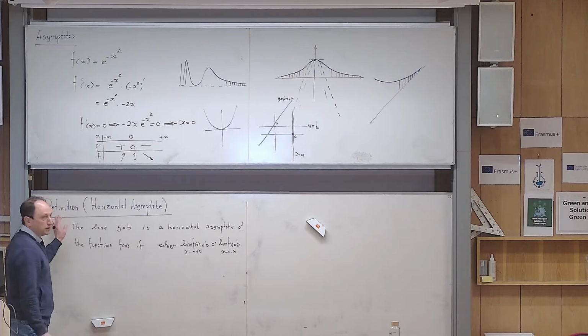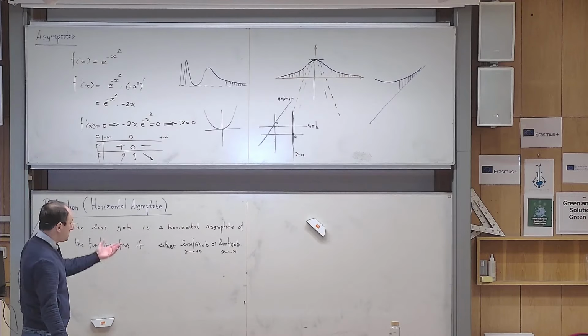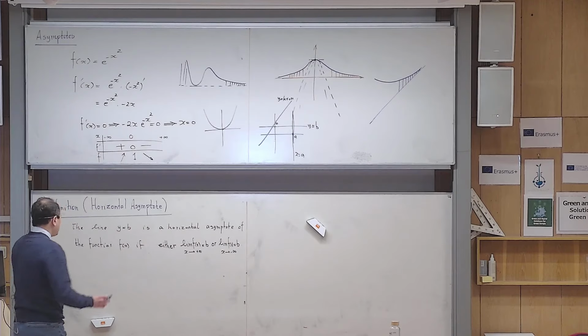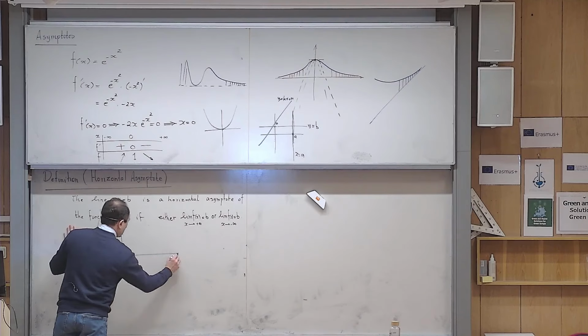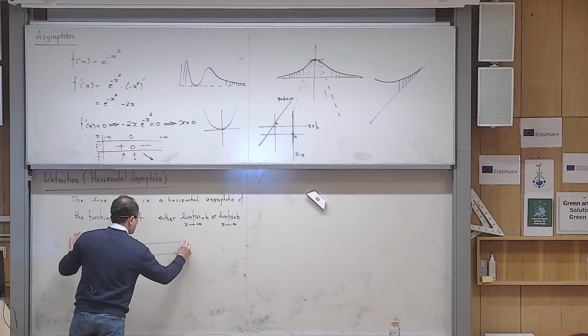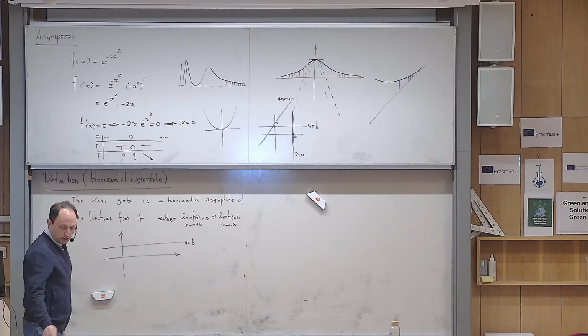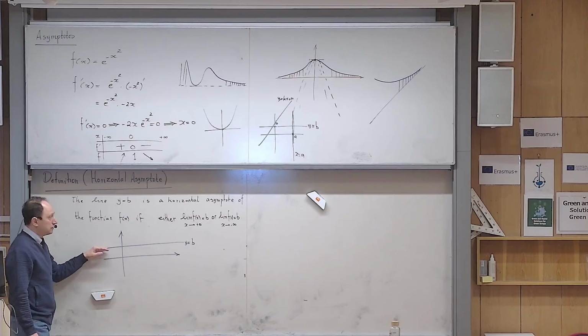So this is the simplest possible scenario. When they ask you to find horizontal asymptotes, that's a different language to say find these limits. Why is this understandable? When do you expect that a horizontal line becomes an asymptote for your function? If this is y equals b, there are four possibilities that this line can serve as a horizontal asymptote for my function.